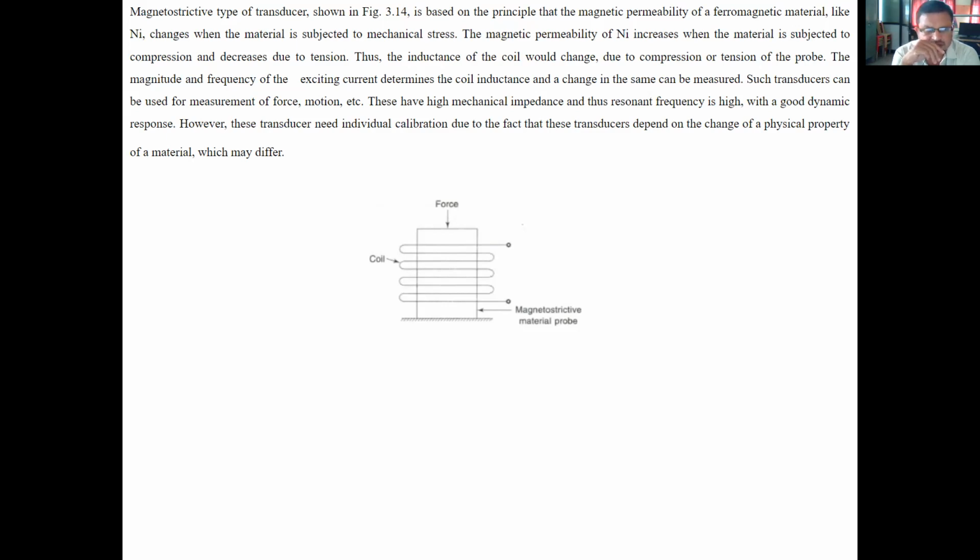Such transducers can be used for measurement of force, motion, etc. These have high mechanical impedance and thus resonant frequency is high with a good dynamic response. However, these transducers need individual calibration due to the fact that they depend on the change of a physical property of a material, which may differ.